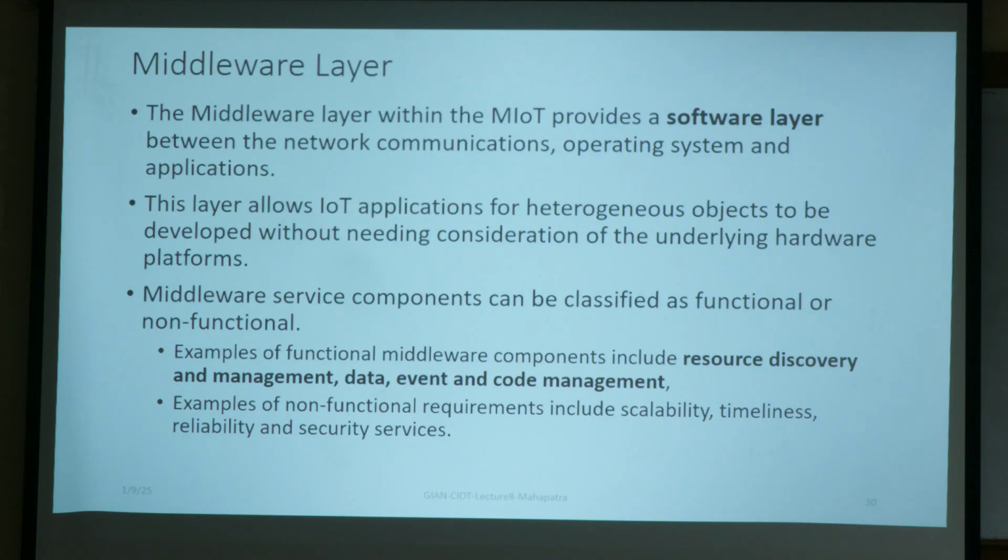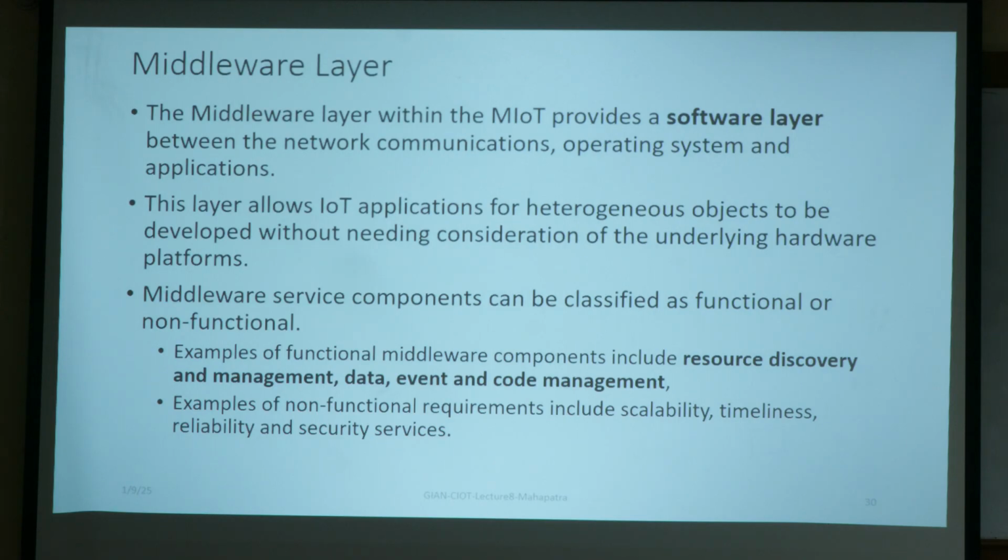Examples of non-functional requirements are scalability and timeliness, which you handle, as you discussed, that you have a star and mesh network layer, but then it has to be supported by some tools or software. Then timeliness, putting timestamps and making sure that the communication happens, acknowledgement happens, those kinds of things also belong to non-functional requirements, and including even security services.